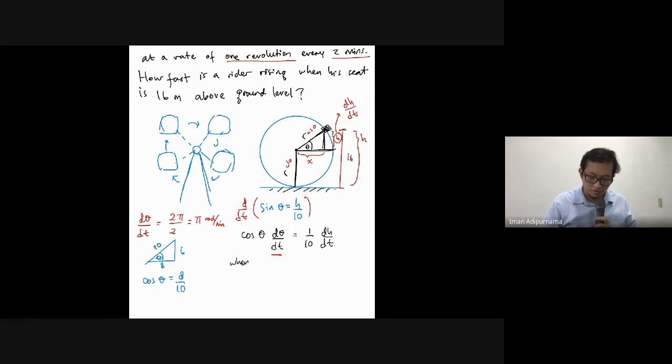So when h is 6, cos theta is 8 over 10, d theta dt will be pi, this is 1 over 10 dh dt, and this 10 is canceling. So your dh over dt will be 8 pi meters per minute.